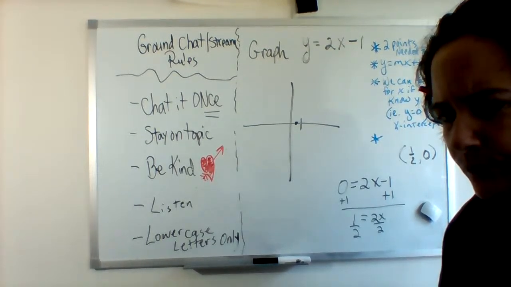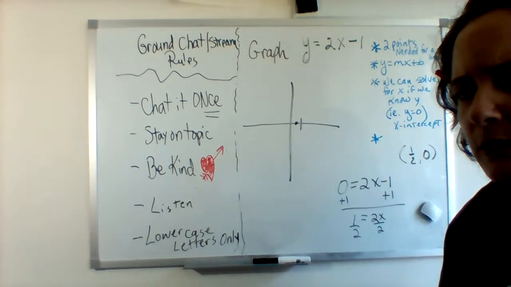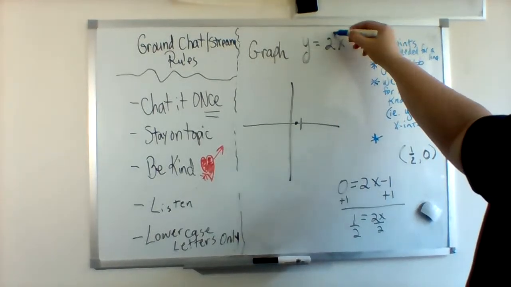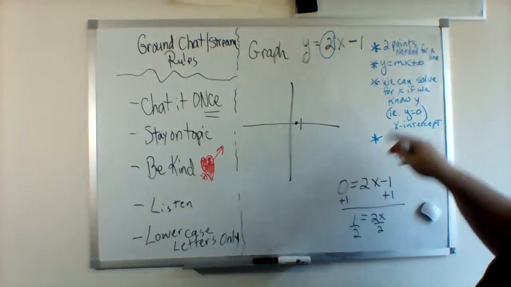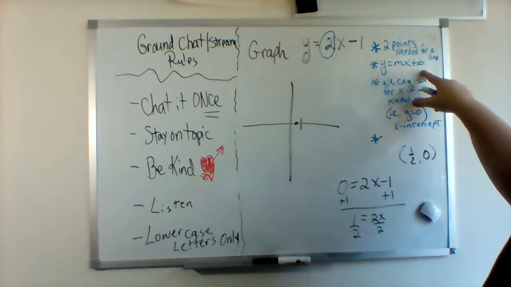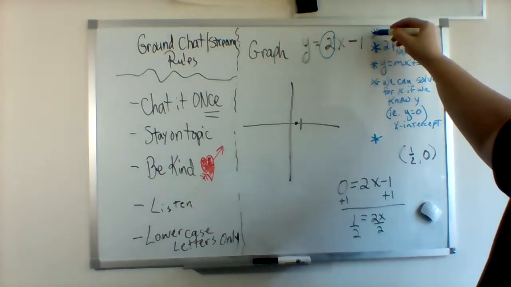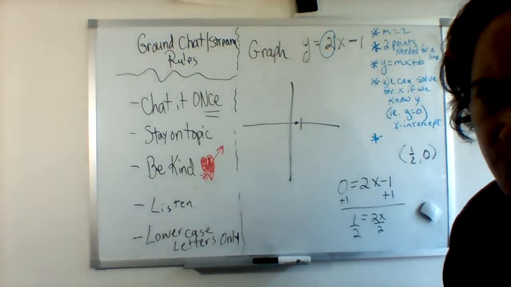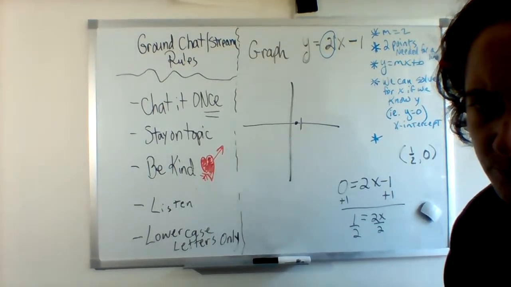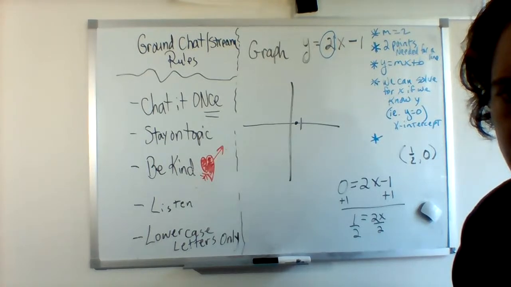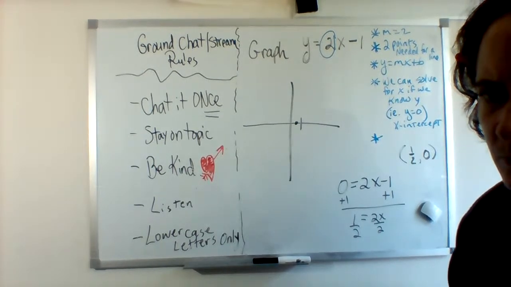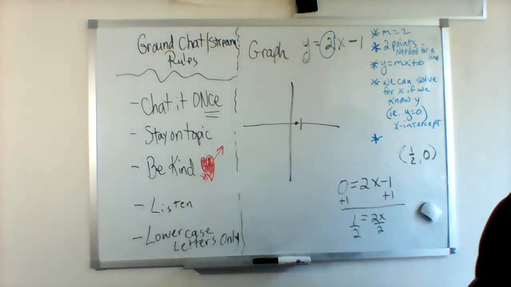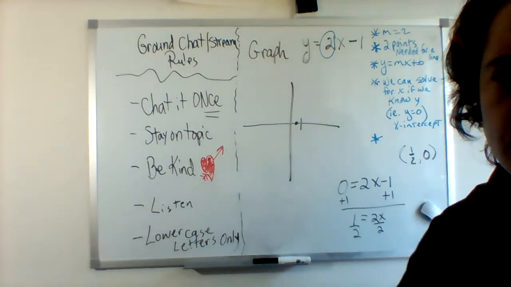Negative 1. Oh, you're trying to calculate the slope? The slope is right here. You could tell me that because it's in the form of y equals mx plus b, that the slope is 2. I'm looking for, like, what is this graph going to look like once I connect my 2 points?